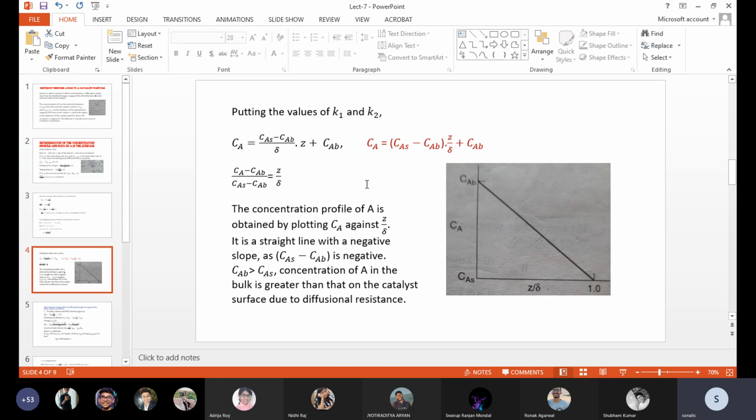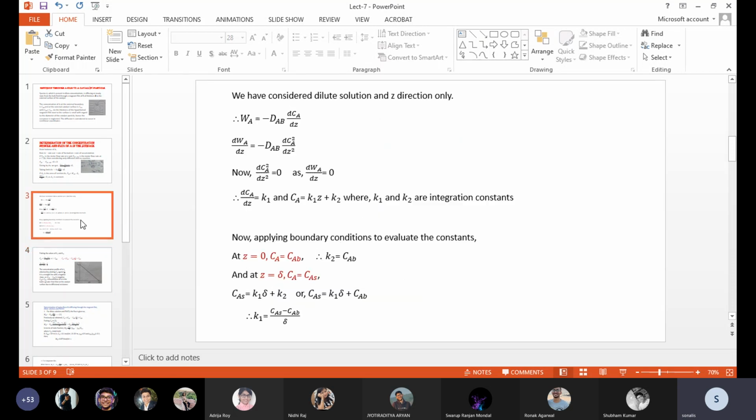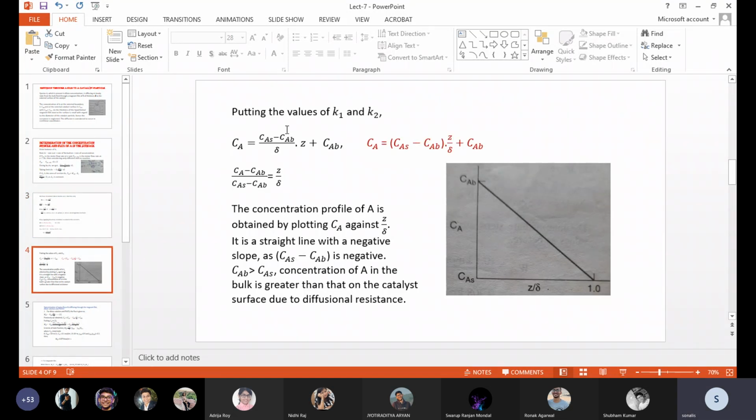Now put the values of k1 and k2 in the equation CA is equal to k1 z plus k2. It becomes CA is equal to (CAs minus CAb) by delta into z plus CAb, that is, CA is equal to (CAs minus CAb) z by delta plus CAb.